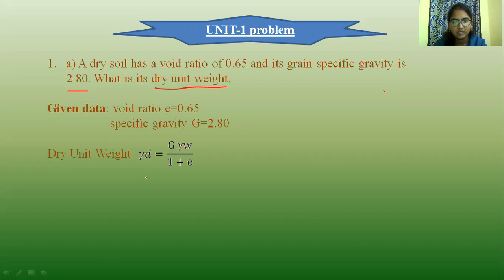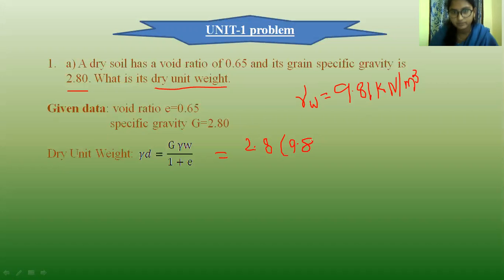Gamma D is equal to specific gravity value 2.8 into unit weight of water. The value is gamma W is equal to 9.81 kilonewton per meter cube. It is given in the problem, otherwise we can take 9.81 as the standard value of unit weight of water.